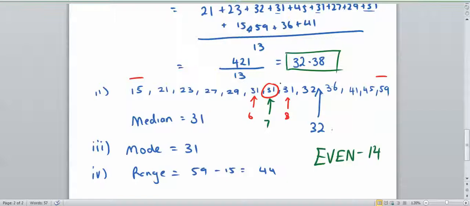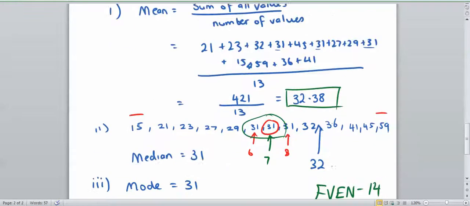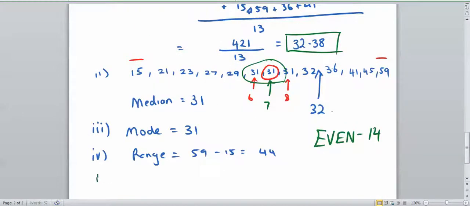We sum those together and divide by 2. Since they're both the same, the median would also be 31. How do we work that out? It's 31 plus 31, and then we divide it by 2, which is 31.